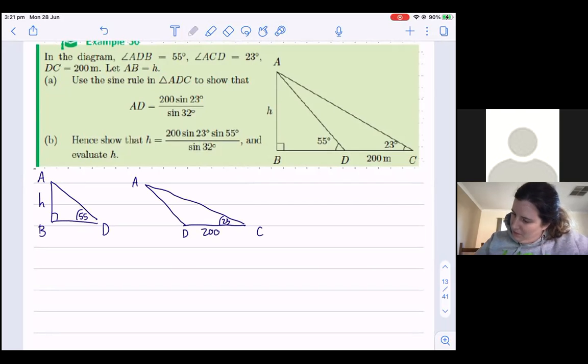I also know that this bit is 180 take 55, which is 125.